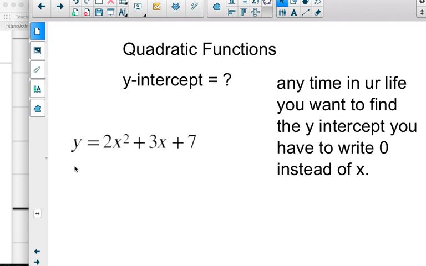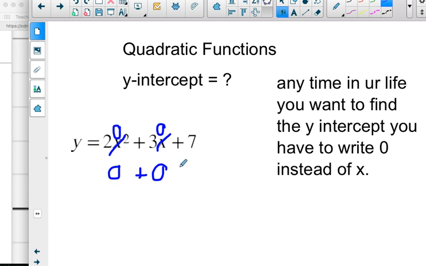Okay, let's do that here. So I'm gonna write y equal, instead of x squared, I'm gonna write 0, right? Let's use blue. Instead of x, I'm gonna write 0. And instead of this x, I'm gonna write 0 as well. Now I'm gonna evaluate it. 2 times 0 is 0. 3 times 0 is 0 again.